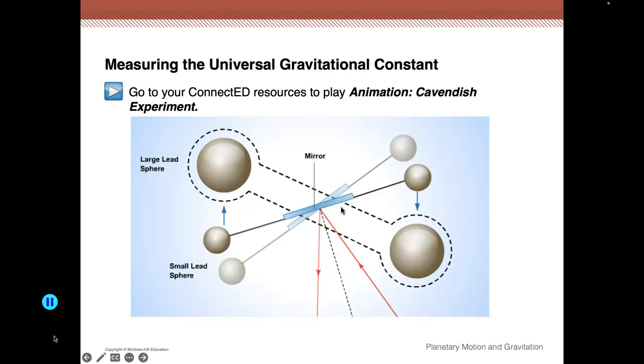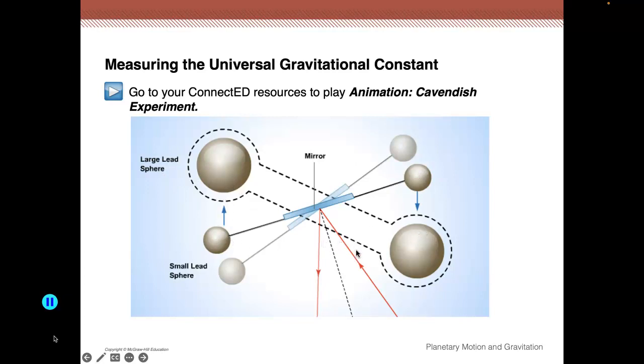And then what Cavendish did is he measured the angle of the movement of the spheres, once they had moved to a spot where they were balanced in their gravitational force and stopped moving.